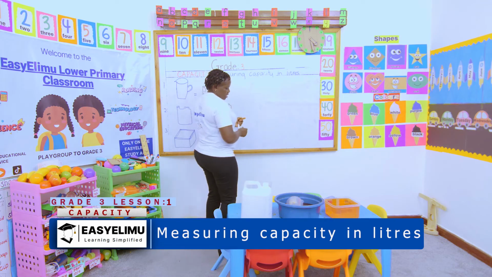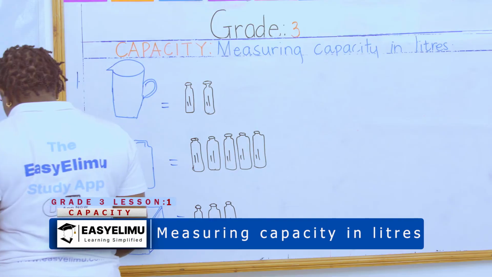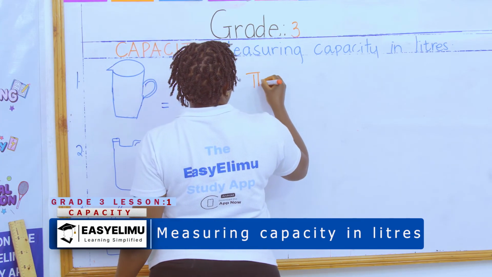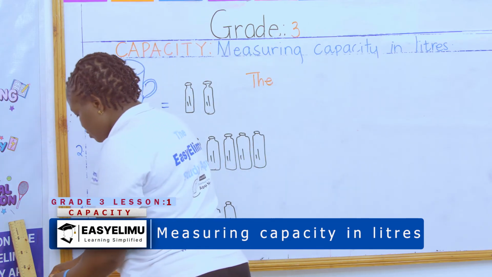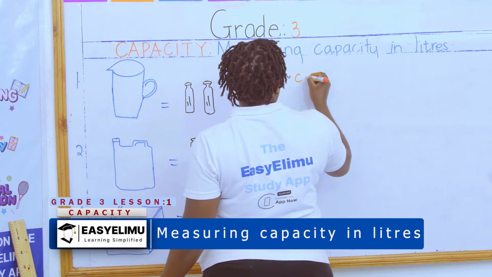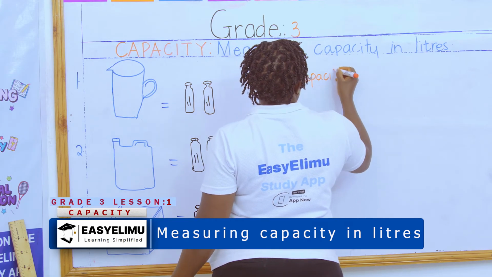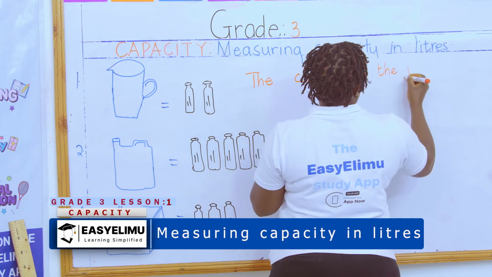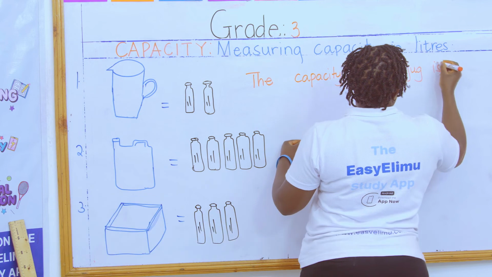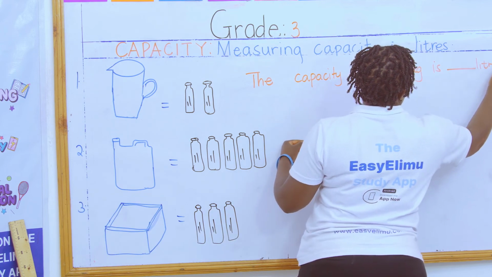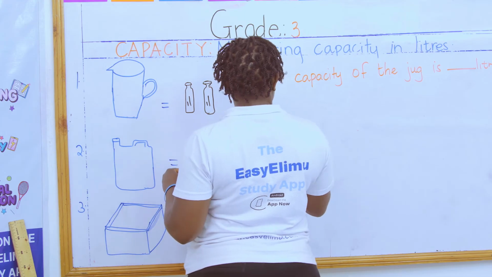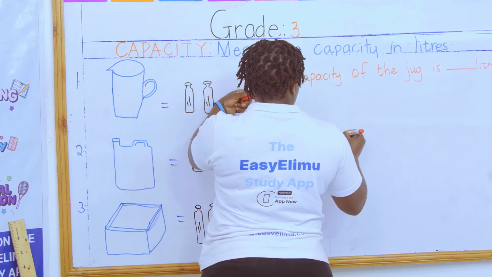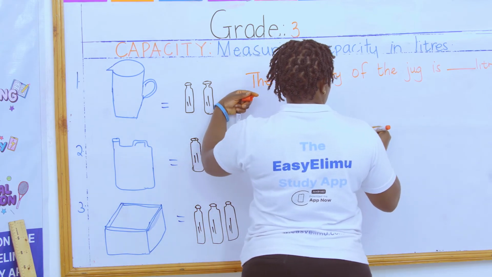So someone asks you a question. The capacity of the bucket is dash, not the bucket, the jerrycan. So here I want you to answer this question. The capacity of the jug is dash liters. Okay, then here the capacity of the jerrycan is dash liters.